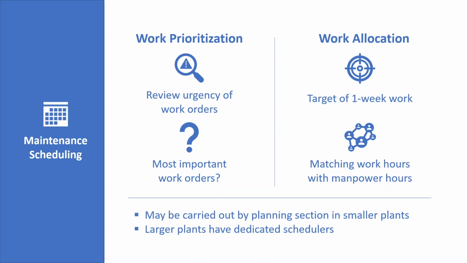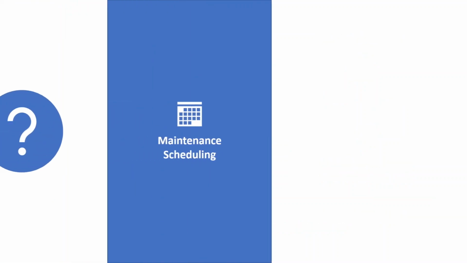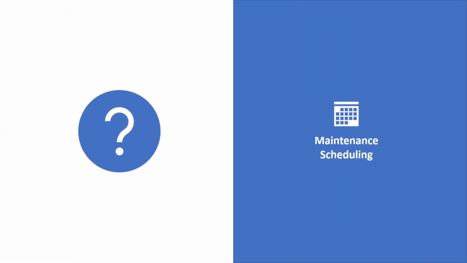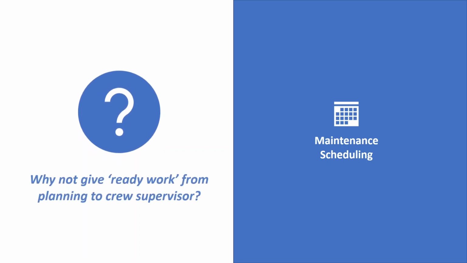An important concept to discuss here is, why is there a need for maintenance scheduling? What is the problem in handing over ready work from planning section to crew supervisors? They would simply select the most important work orders and assign it to technicians themselves.